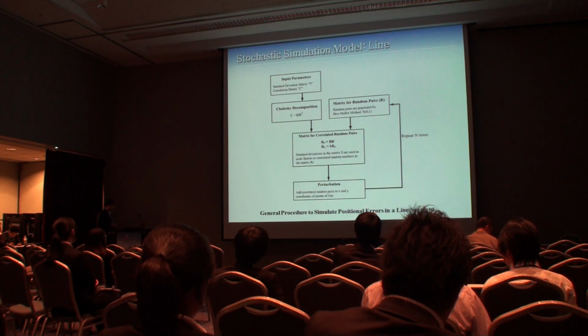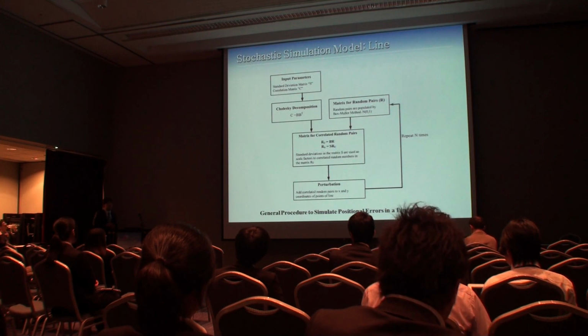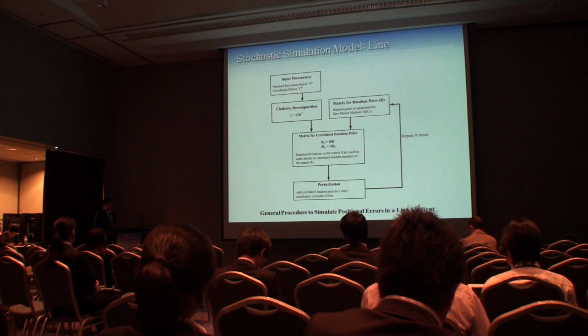In this slide, a stochastic simulation model based on Cholesky decomposition is shown to generate error-corrected versions of the line segment. The input parameters came from the covariance matrix for the line segment.